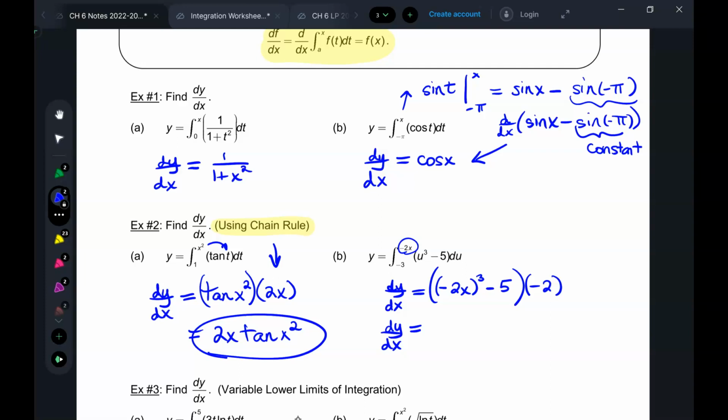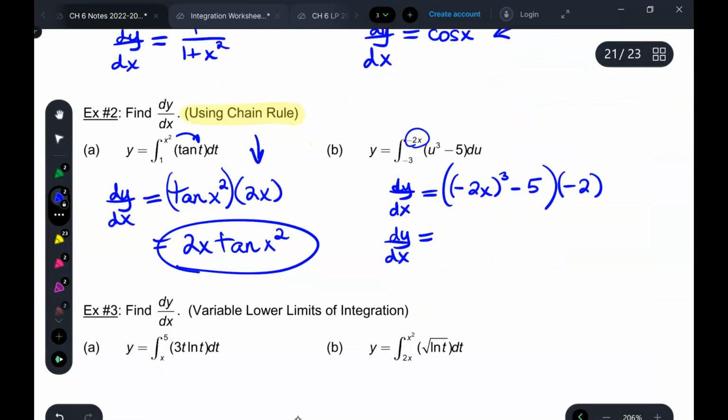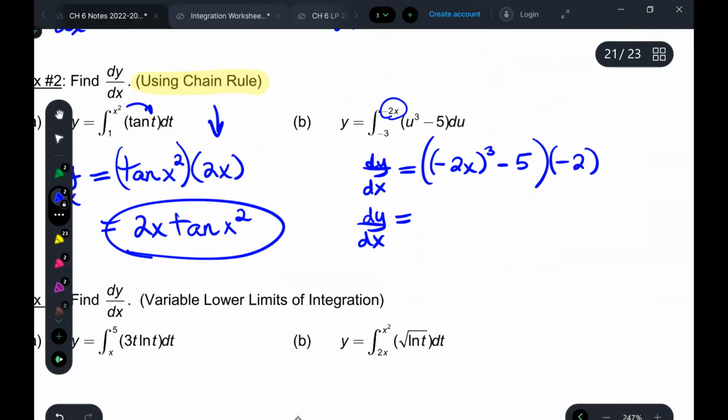But when I do the derivative of that, it will always just go away. It'll become 0. So we don't really care what that lower limit of integration is, as long as it's a constant. This will give us negative 8x cubed, and then times negative 2 will be 16x cubed, and then plus 10.